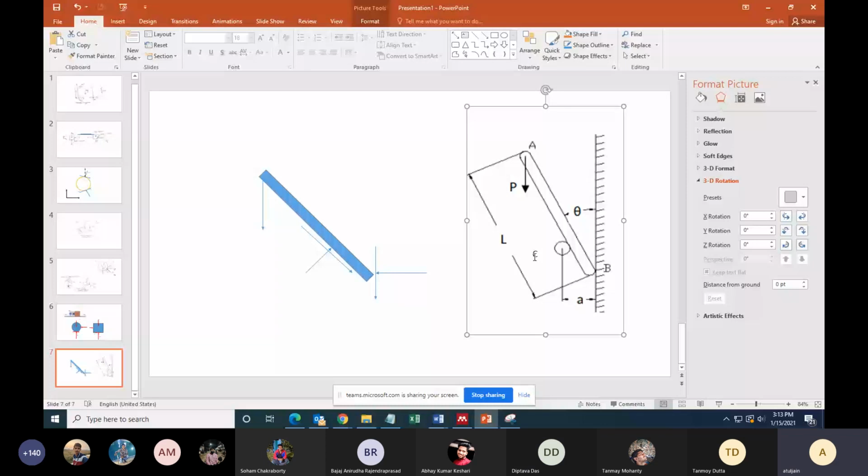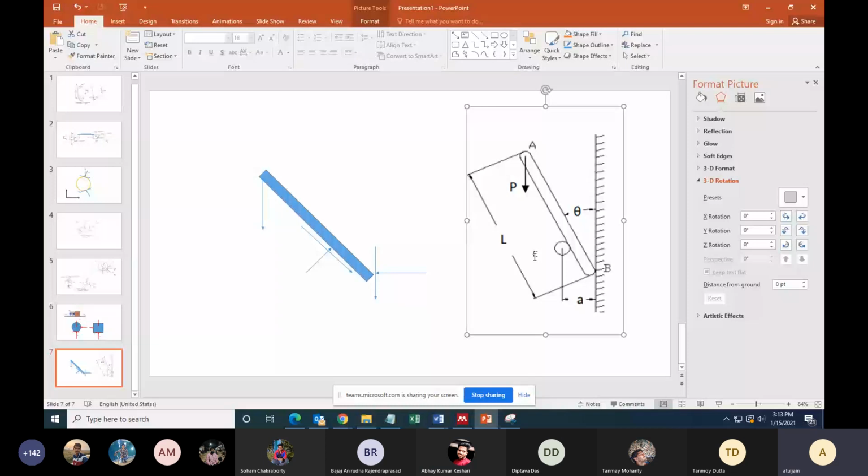But just taking torque about B is giving me A by L in terms of P and NC. We have to find out the value of P and NC also. So vertical force is 0 and horizontal force is 0, summation Fx is 0, summation Fy is 0. So basically the trick is take moment about any point that you like.